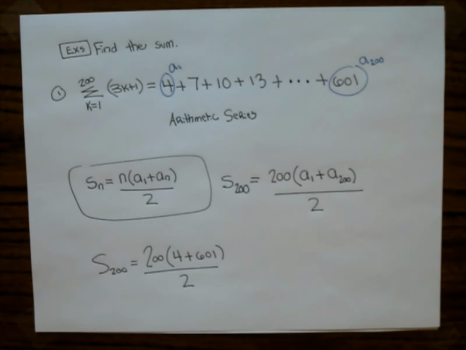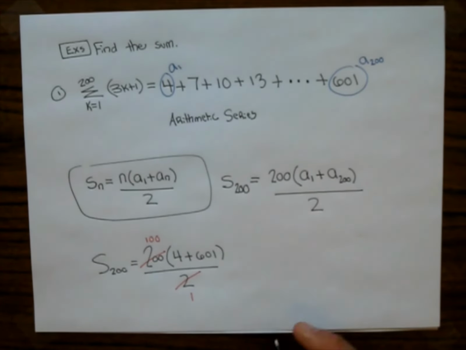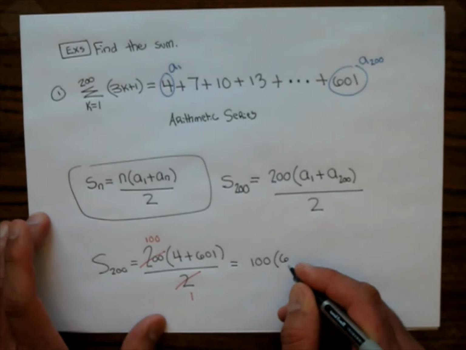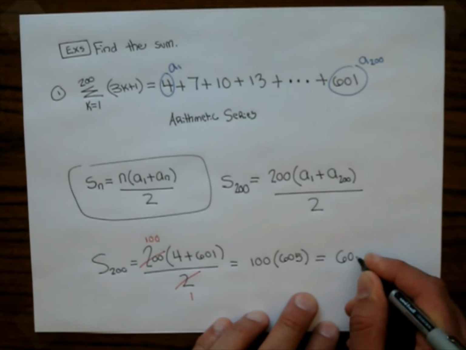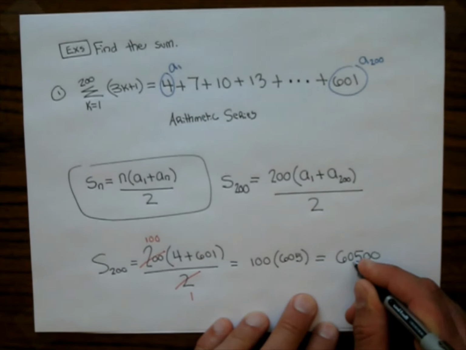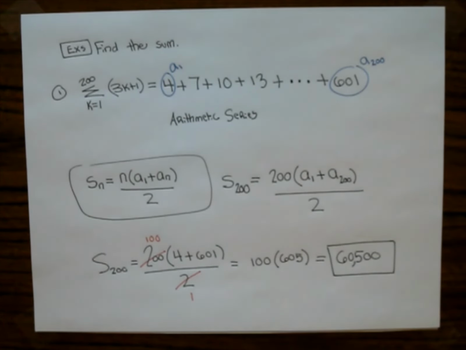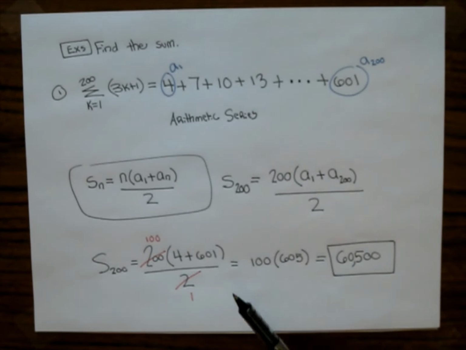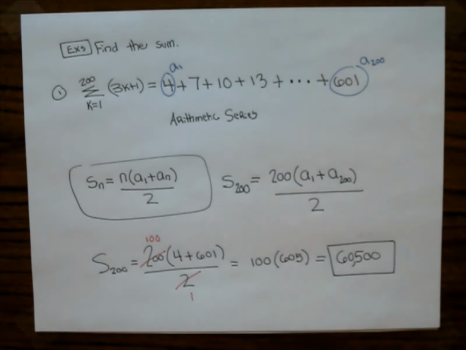I can cancel this 2 with this 200 and end up with 100 times 605. I don't even need a calculator here. This is 605 followed by 2 zeros, which gives me 60,500. That was a lot easier than adding all those up on a calculator or by hand. And if you think that would have been the same amount of work, try doing a problem where it goes from k equals 1 to 2,000.